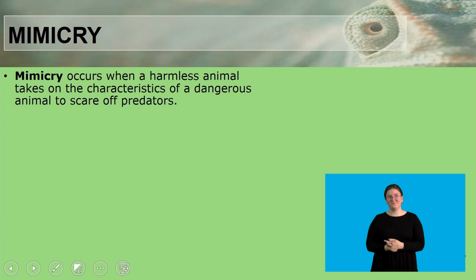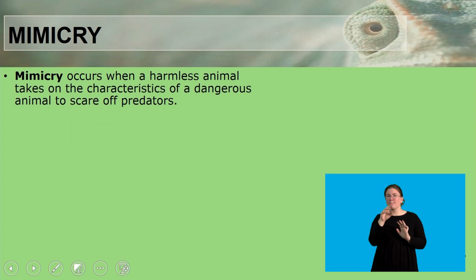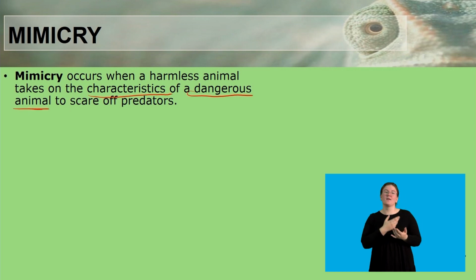The first adaptation strategy that we will be looking at is mimicry. If you think of the word mimic, it is similar to imitating someone or something. Mimicry occurs when a harmless animal takes on the characteristics of a dangerous animal to scare off predators.